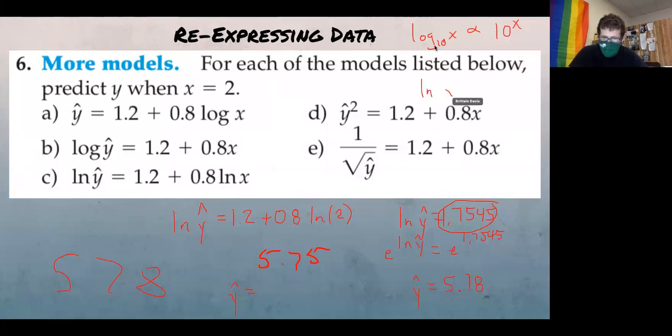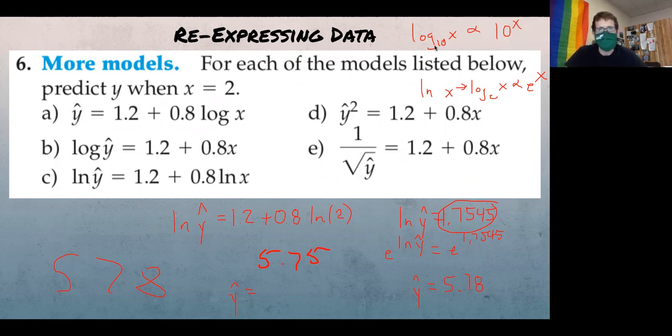Natural log of x is another way of saying log base e of x. So the inverse of that is going to be e to the x power. Okay. Again, maybe stuff you didn't expect to have to deal with when you signed up for a stats class, but you only have to deal with it a little bit.